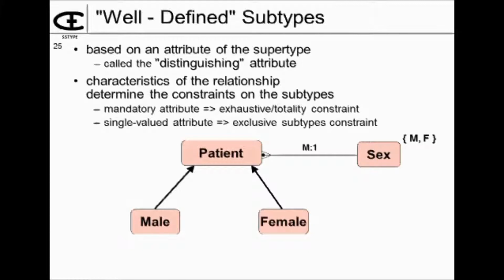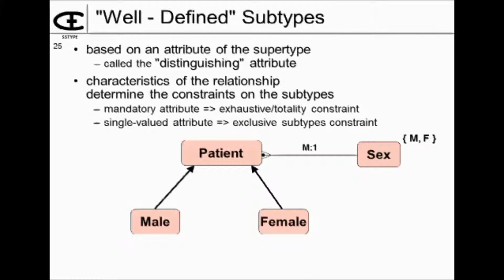It's going to be some characteristic or attribute or relationship on the supertype, which will be the basis for membership in the subtypes. We call this the distinguishing attribute. In general, it could be any combination of attributes associated with the patient, or in this case, the supertype.